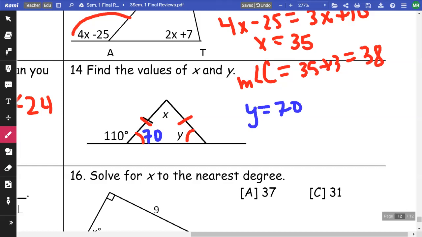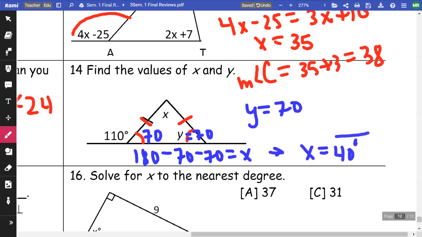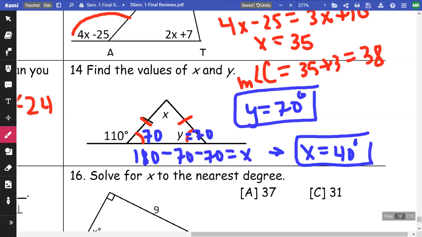So this is also going to be 70. And then I know that if I take 180 minus 70 minus 70, I'm going to get x. And so 180 minus 140, x is going to be 40. So I have 40 degrees and 70 degrees.